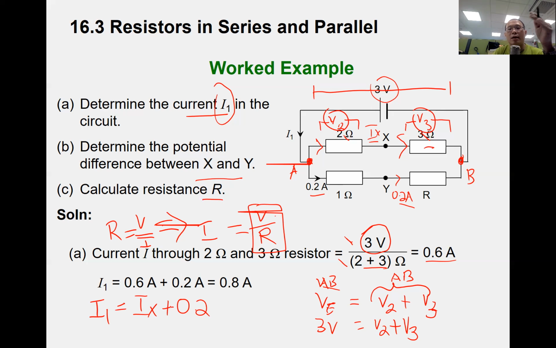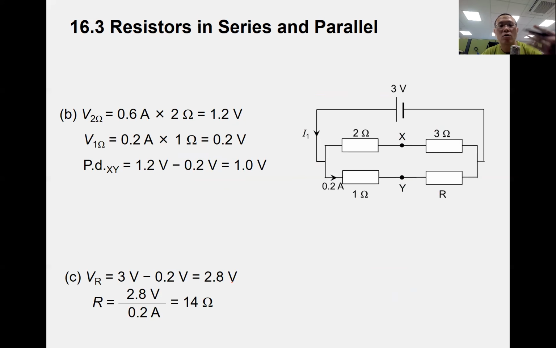Because I know Ix and 0.2 amp, these two currents in the two branches, they are parallel branches. So when these two currents add up, they will become the current in the main branch, which is I1. So I know the answer will be 0.8. Okay, this is how I use parallel properties and series properties to actually help me solve in my mathematics, not just by using math brute force. I need to know what the properties are first before I use the math to help me.